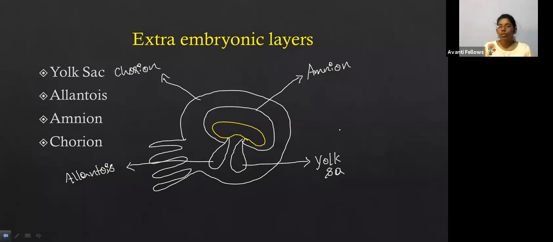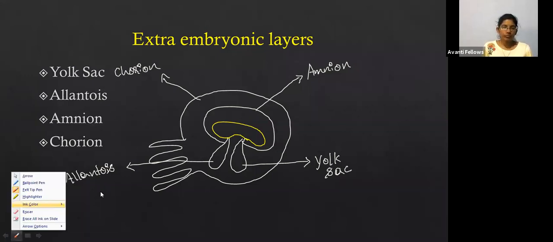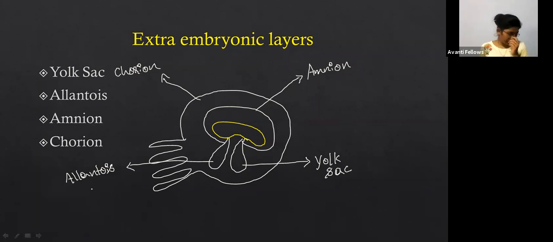Okay, now let us see what the functions of the yolk sac and the allantois are. First one is the yolk sac. In the yolk sac, the food is stored.